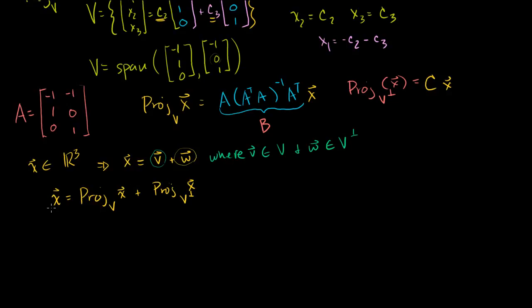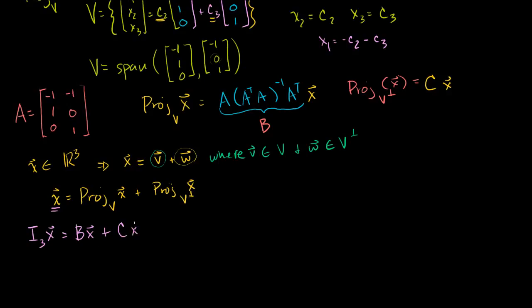Well, if I want to write x as a linear transformation of x, I could just write it as the 3 by 3 identity matrix times x, right? That's the same thing as x. That's going to be equal to the projection of x onto V, which is just B times x, plus the projection of x onto V's orthogonal complement, which is just C times x.